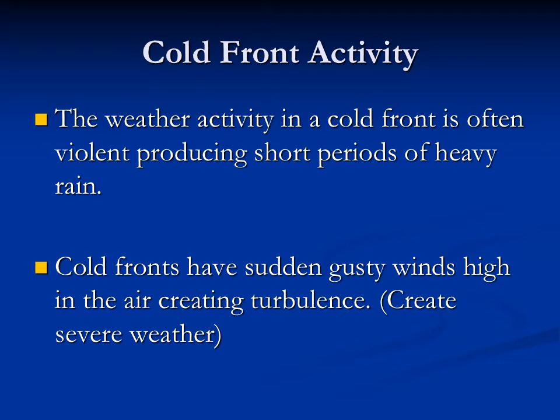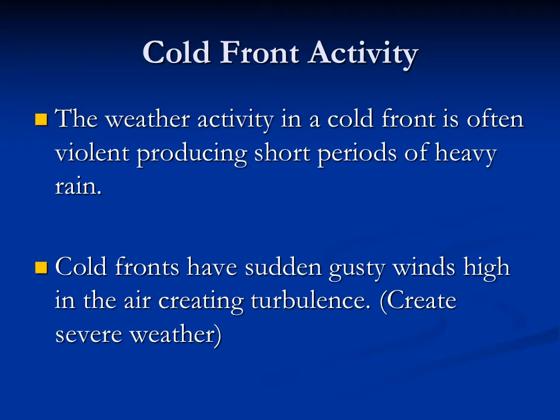When a cold front moves into an area, it brings with it a certain kind of weather. And because it's moving into an area that has warm weather, it is always the same kind of weather. So cold fronts produce violent periods of heavy rain, very short periods of heavy rain.